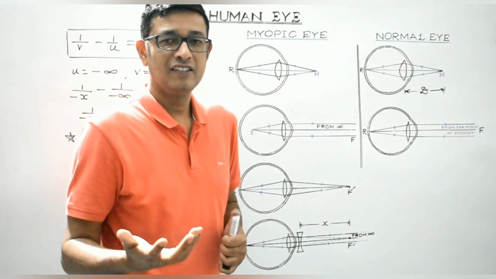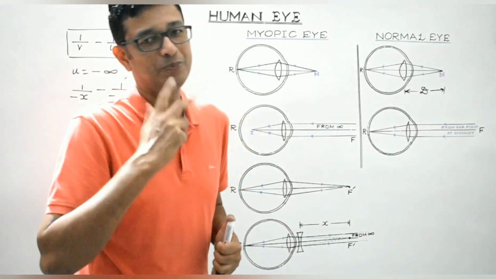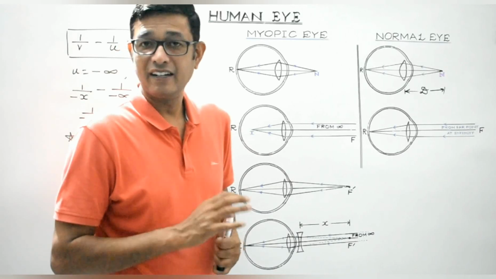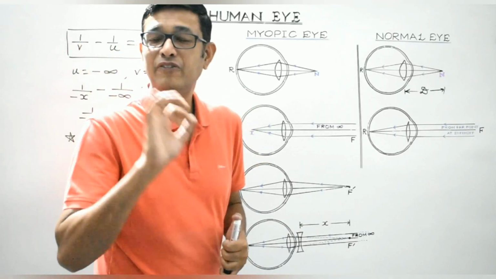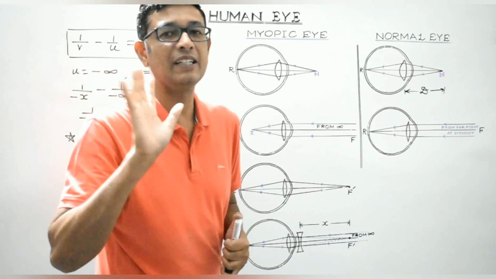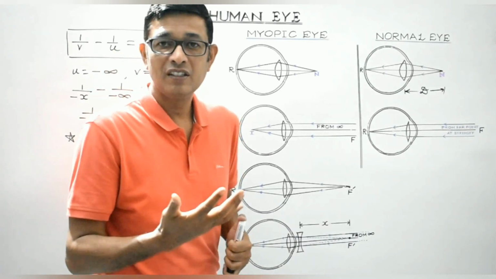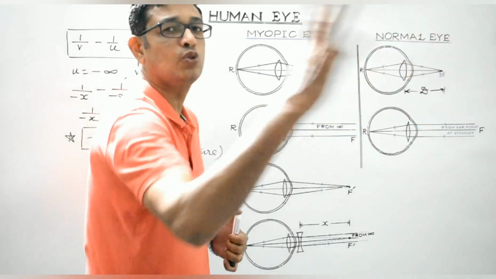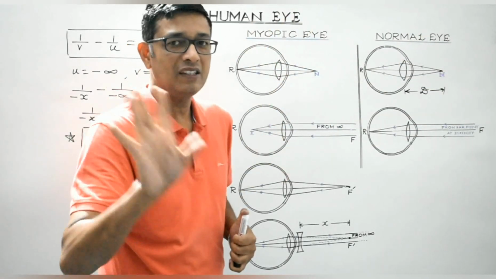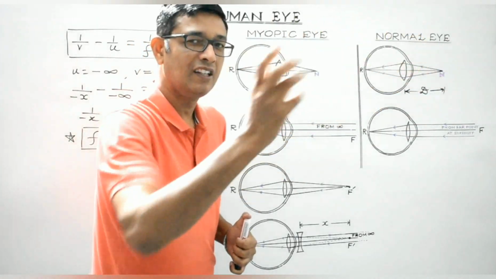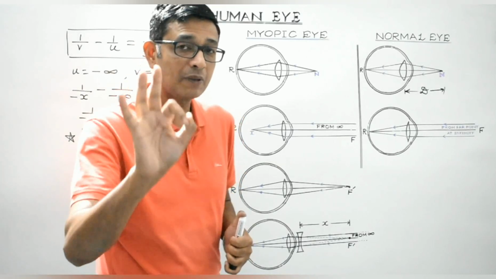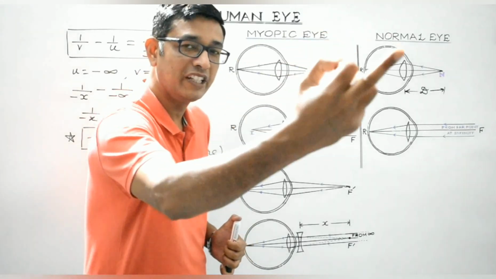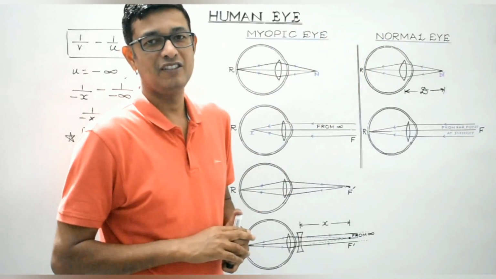So definitely, I'm suffering from myopia. Clear? And my far point is not infinity. My far point is 200 centimeter. It is because object placed up to 200 centimeter can be viewed by me clearly, and beyond that distance it appears to be blurred or unclear, right? So my far point is reduced from infinity to 200 centimeter, right?